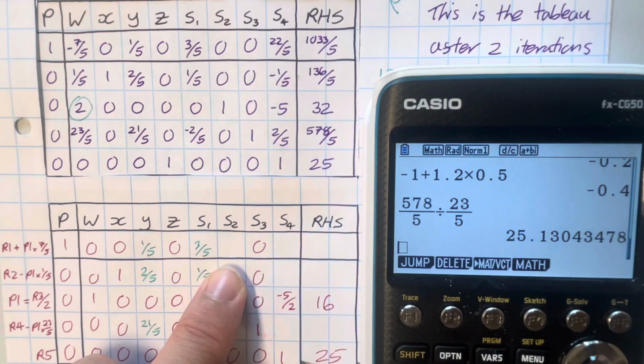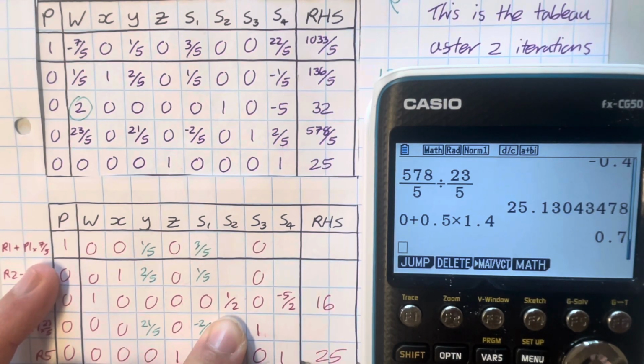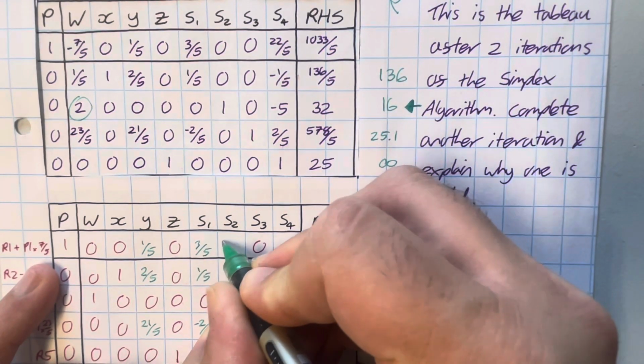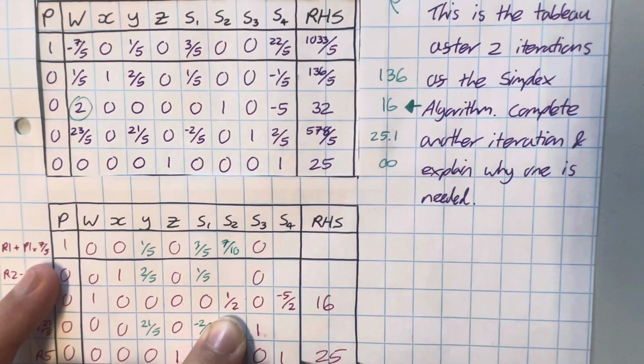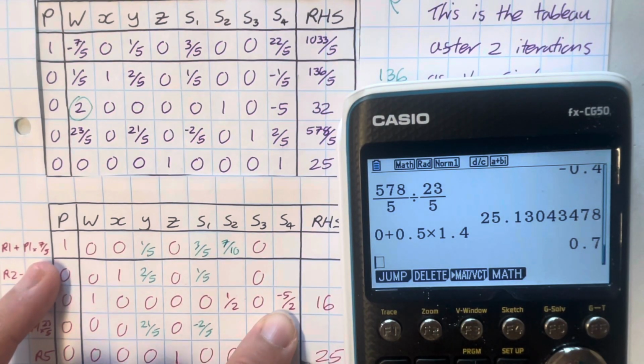Okay, so the previous value was a 0, plus the pivot row, which is a half, times 7/5. So 1.4 times a half, that's 0.7 or 7/10. And the next one, the previous value was 22/5.